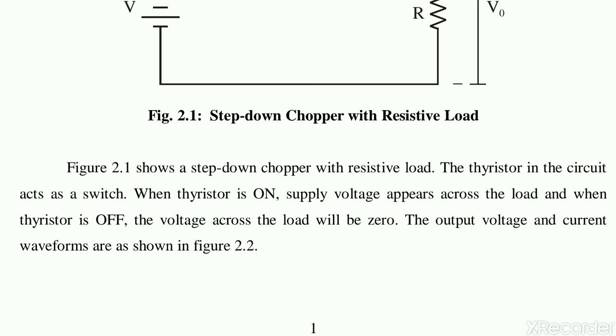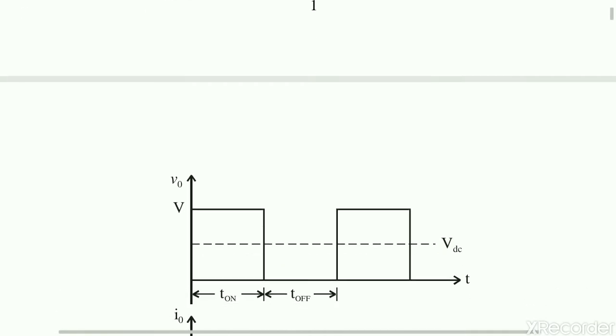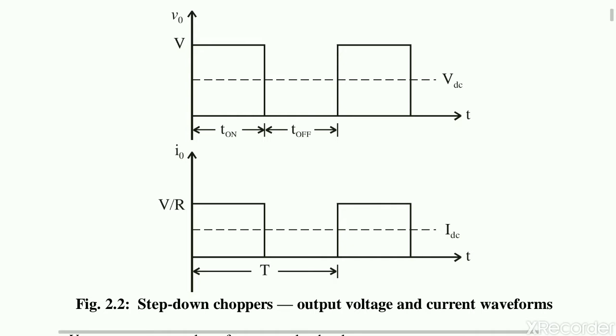It will be more clear by referring to the waveforms. There are two very simple waveforms: the first waveform is of output voltage V0 and the second waveform is of output current I0. One can see in the output voltage, as soon as the switch is on, the input DC voltage will appear across the output, that means across the load resistor.